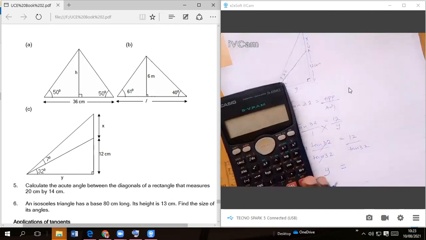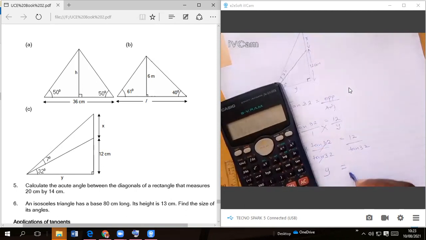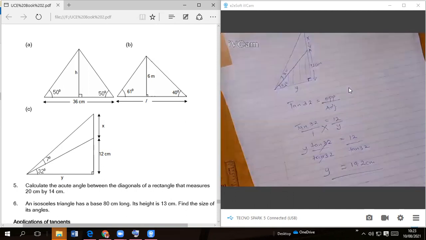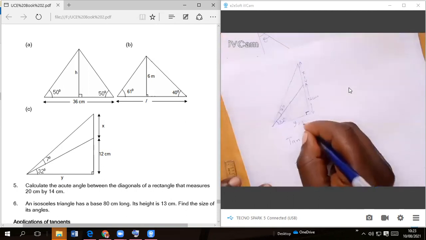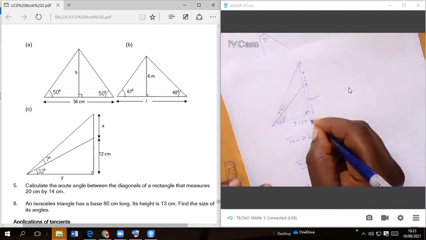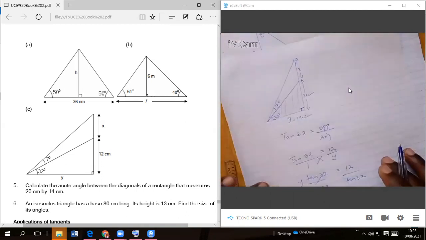Our answer becomes 19.2 centimeters. Now we have found y, which is 19.2. So we are left with finding x.